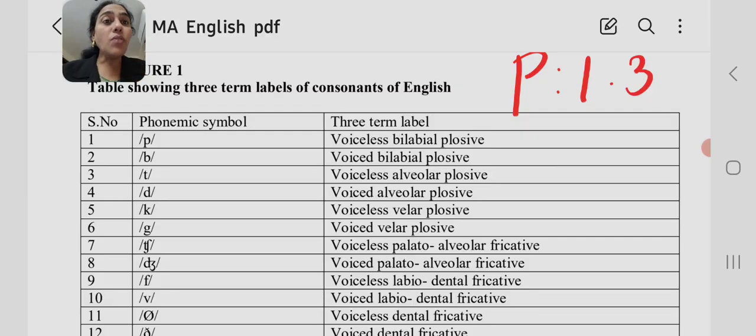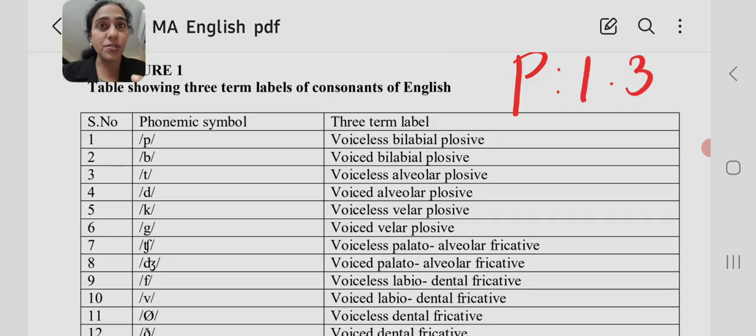Now, how do you say the three-term label for this? Is there any vibration when you say p? No. So it is absolutely voiceless. Exactly. And when we say p, the two lips, the upper lip and also the lower lip, are involved.